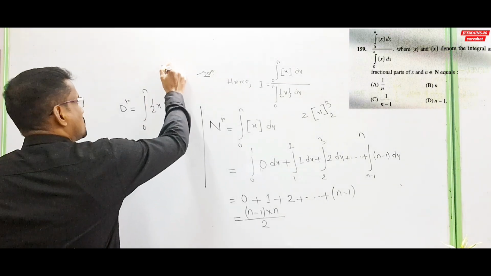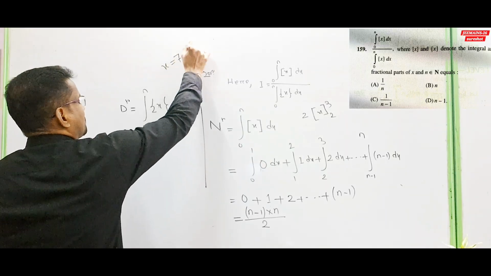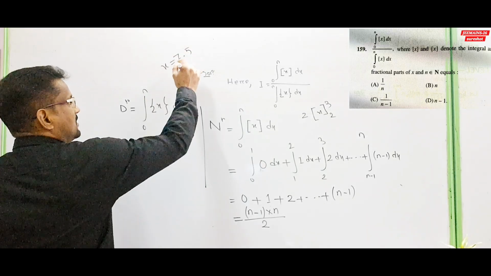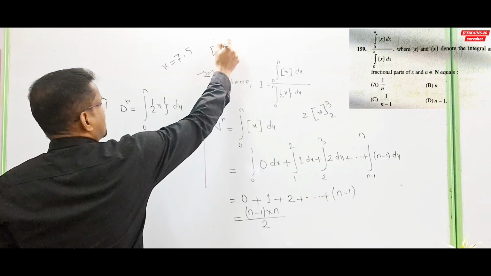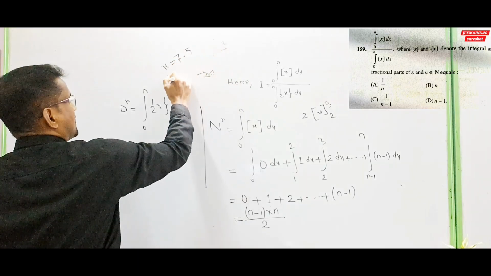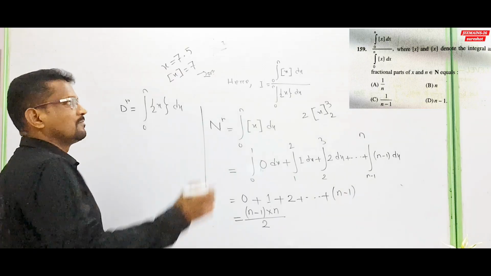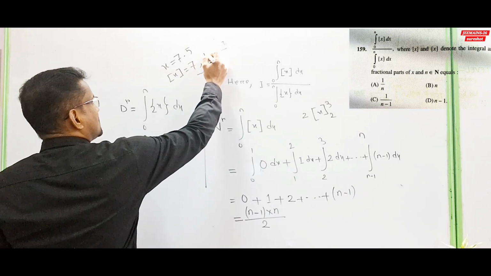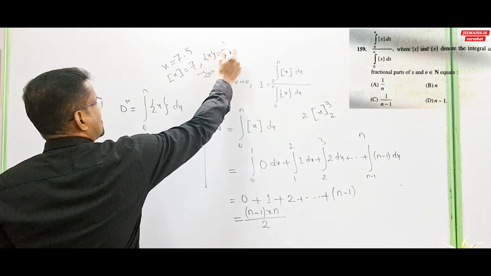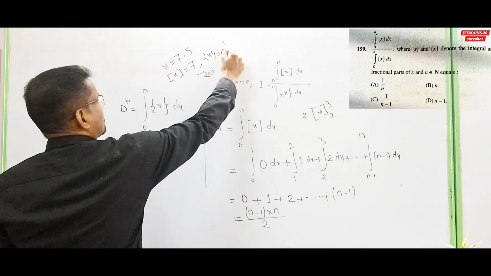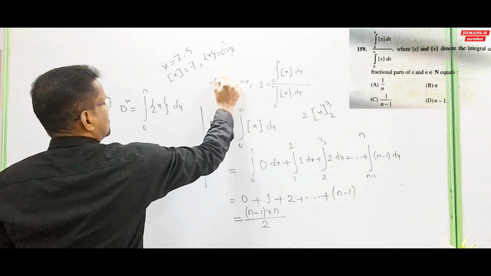You see, suppose x is 7.5, then the integral part of x is 7. The fractional part is what? This is the fractional part, 0.5.